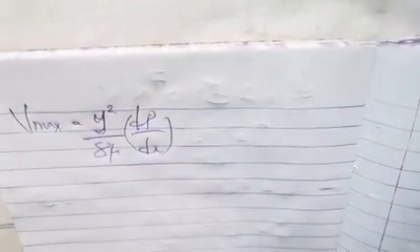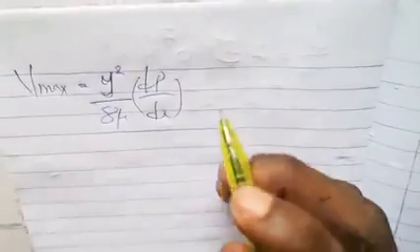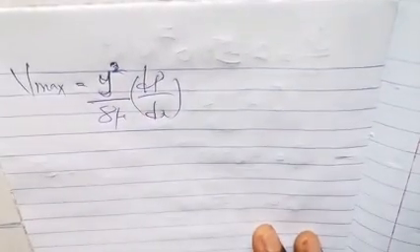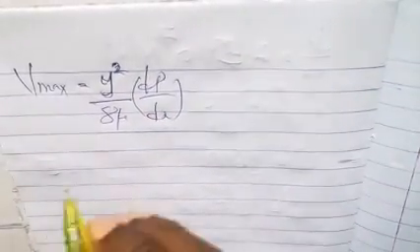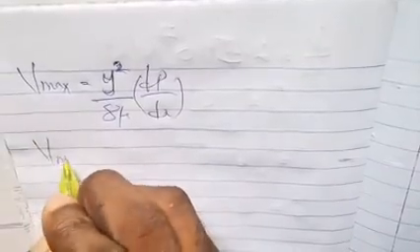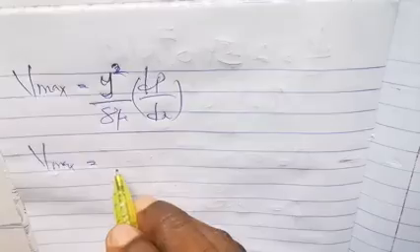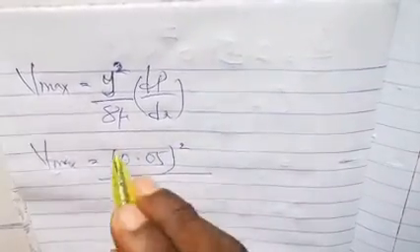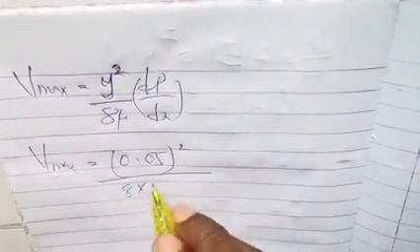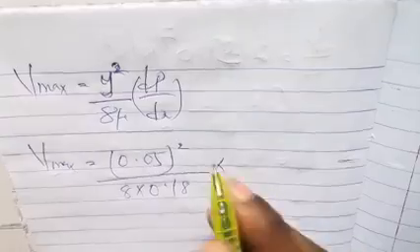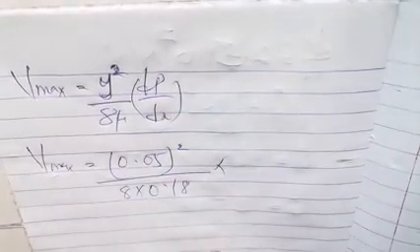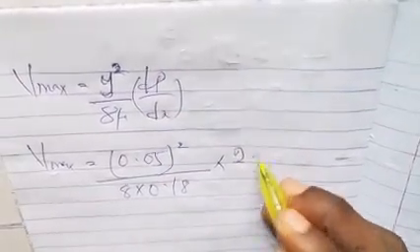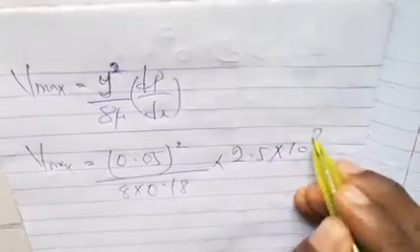So all parameters remain the same. Take note, please, this is y squared for the maximum leakage velocity. So Vmax is now equal to y, which remains 0.05, all squared, divided by 8 times mu, which is 0.18, multiplied by dP/dx, which is the pressure gradient. That gives us 2.5 by 10 to the power of 7.